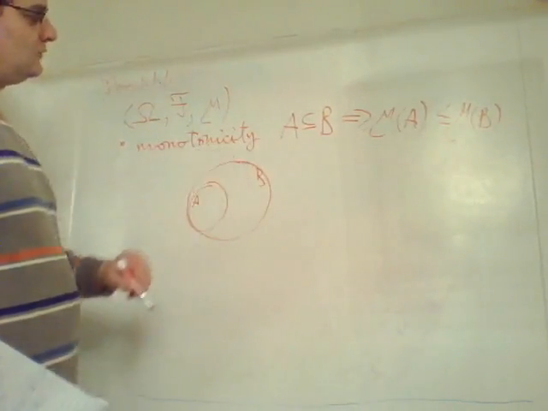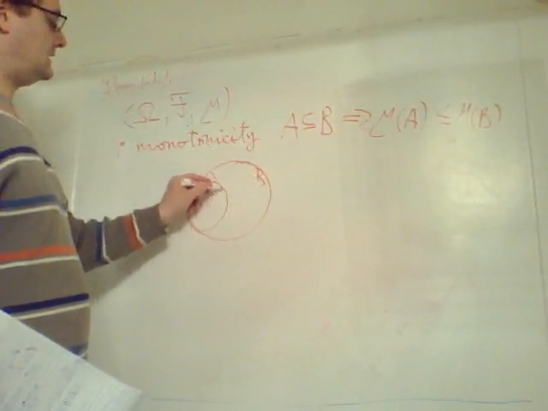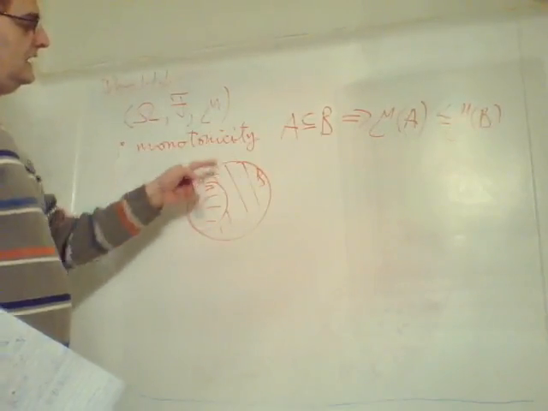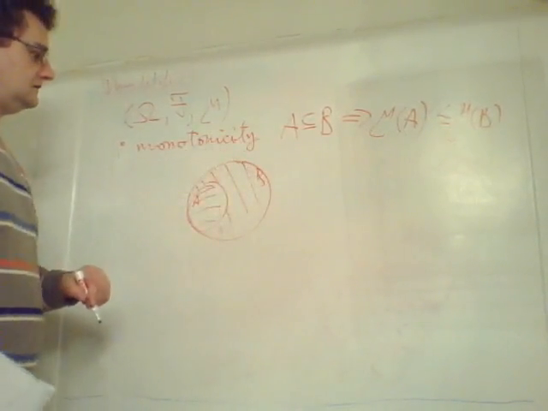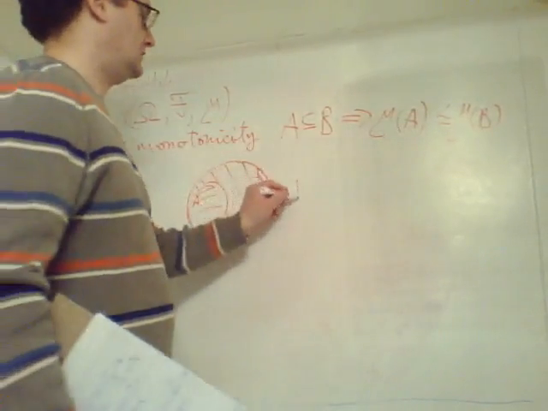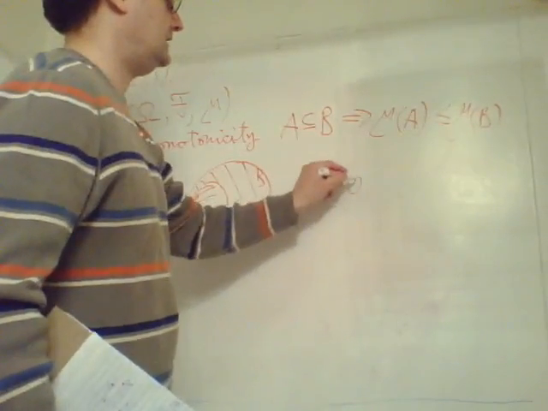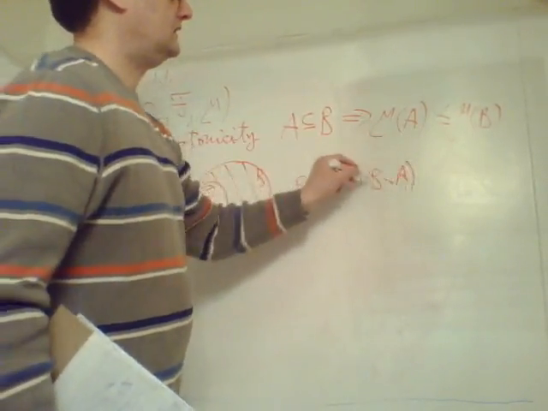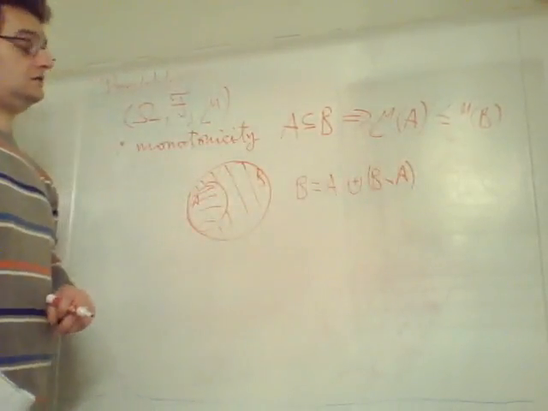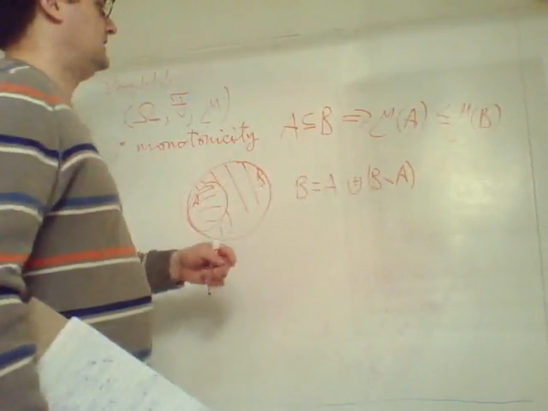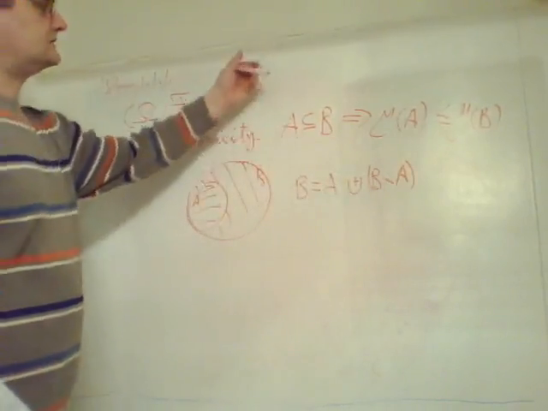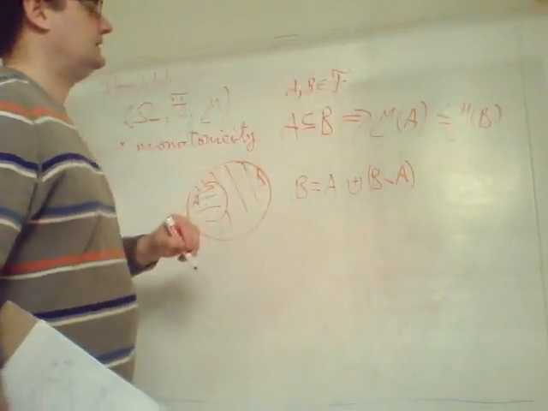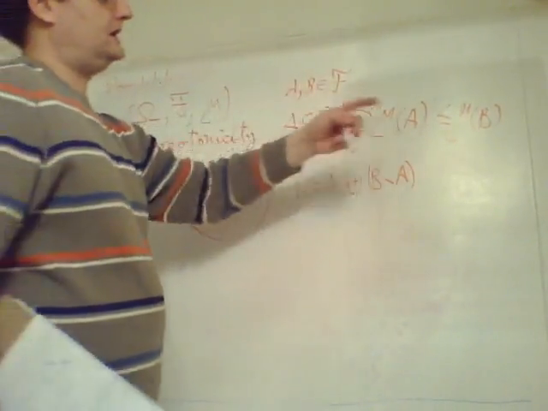So you can decompose B as a disjoint union of set A and this remainder, which is actually B minus A. So B is a disjoint union of A and B minus A. Now we don't worry whether we can compute the measure of B minus A, since of course we assume here that A and B are in F. All right, so we know what mu of A is.